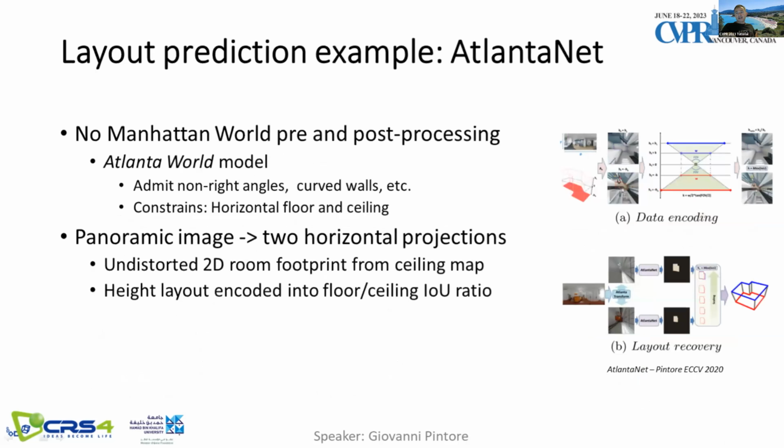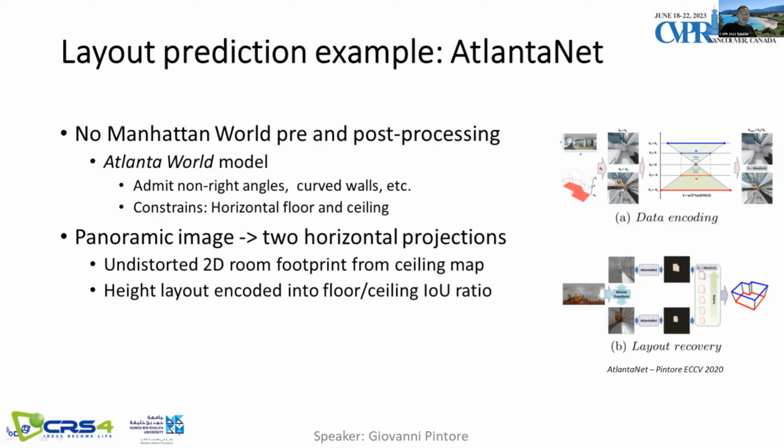Here we present some pipelines. An example of a solution that tries to address both the problem of too restrictive priors and the spherical distortion is called AtlantaNet. As the name suggests, it exploits the less restrictive Atlanta world model, in which the environment is restricted only to a horizontal floor, ceiling and vertical walls, but without limitation on the wall shapes, so supporting, for example, non-right angles and curved walls.